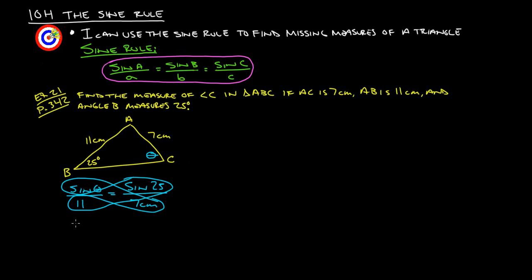Cross products, and go. So we have 11 sine 25 equals 7 sine theta. Divide both sides by 7, and we get that sine theta is 11 sine 25 divided by 7.